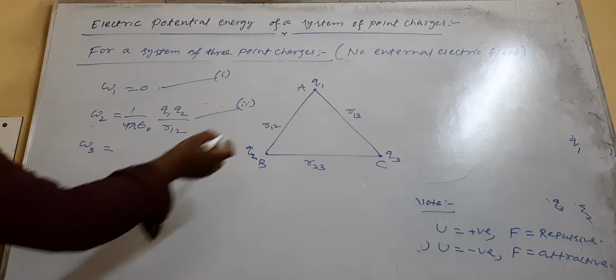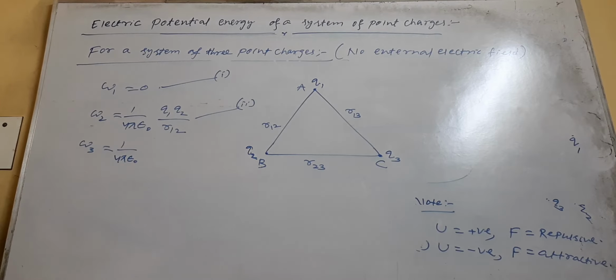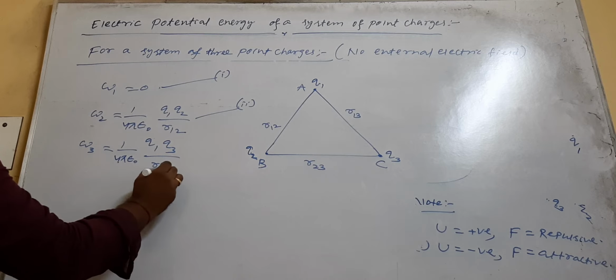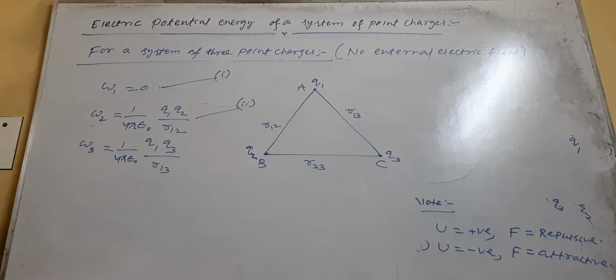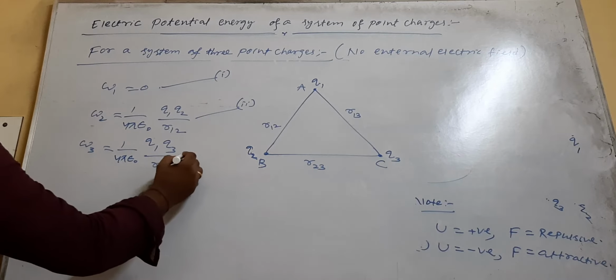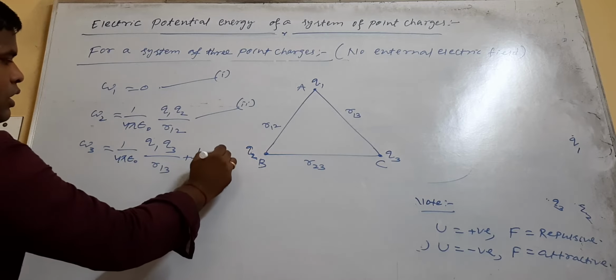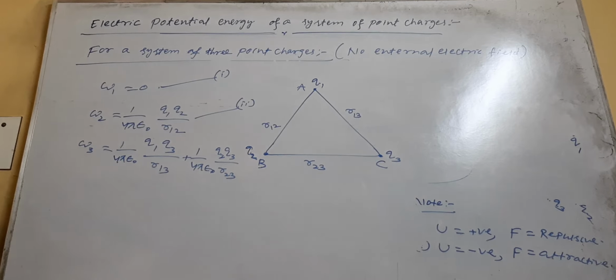So due to Q1 it is 1 by 4 pi epsilon 0 Q1 Q3 by R13, and against the electrostatic force due to Q2, that is 1 by 4 pi epsilon 0 Q2 Q3 by R23.